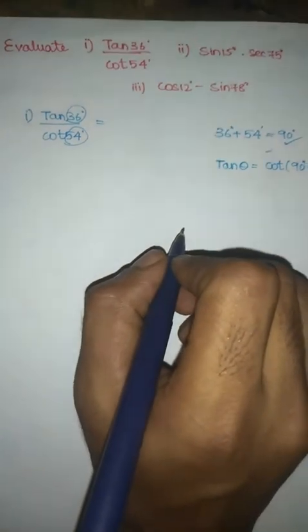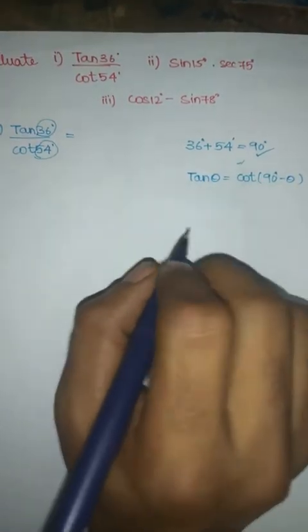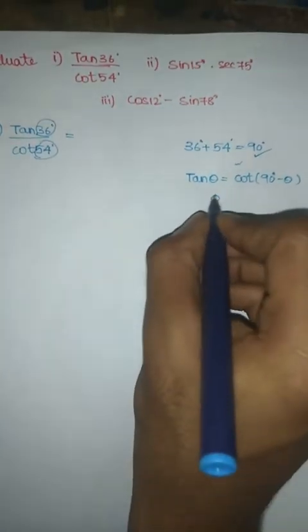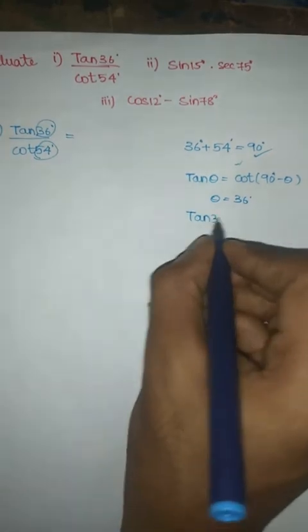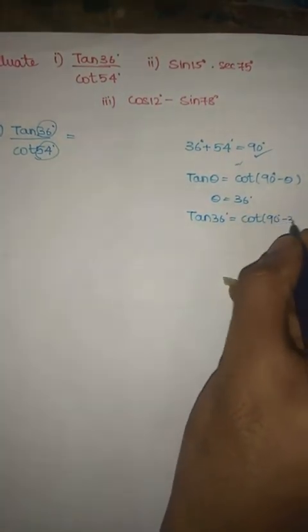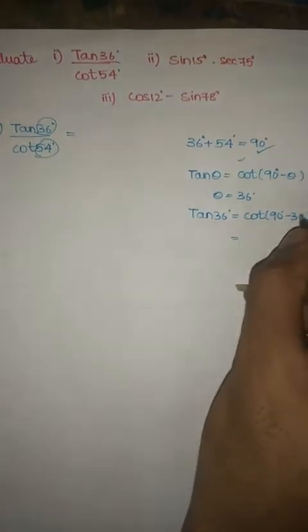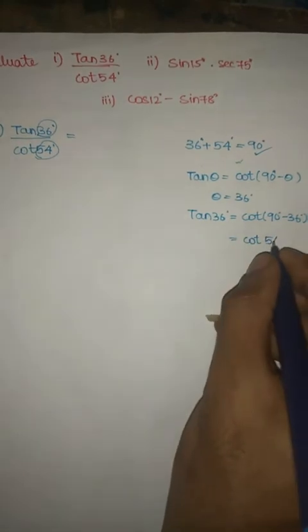In the previous video we discussed this from the observation we made: tan theta is equal to cot 90 minus theta. Here theta is equal to 36 degrees. So tan 36 degrees is equal to cot 90 minus 36, which is nothing but cot 54 degrees.